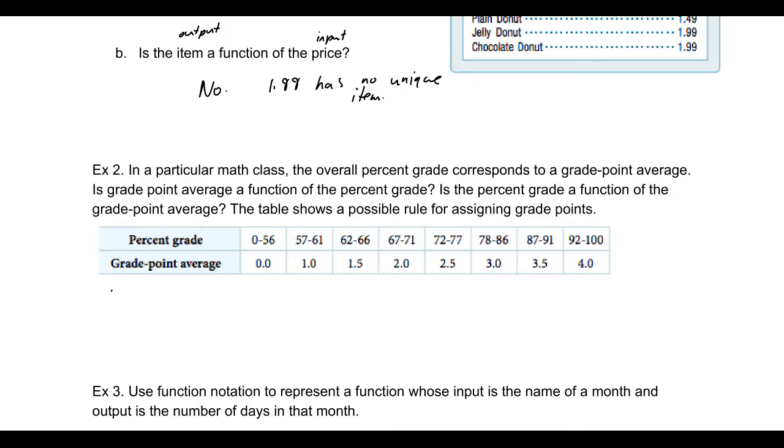So I'm going to write this as percent grade has a unique GPA. So yes. The other direction, does GPA have a unique grade or percent grade?